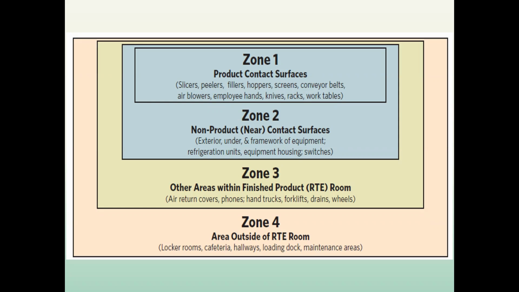Zone 3 is the other areas within the finished product room. That can include air return covers, hand trucks, forklifts, drains, and wells. And zone 4 is the area outside of the ready-to-eat room. That can include locker rooms, cafeteria, hallway, loading dock, and maintenance areas.